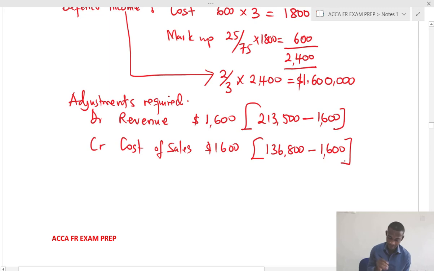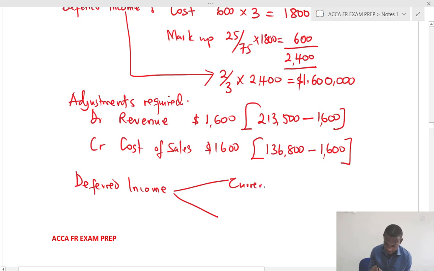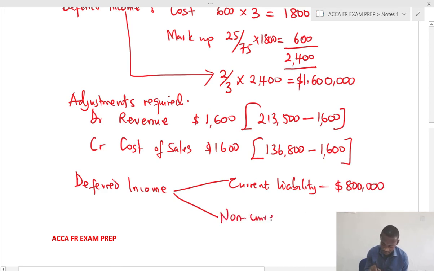Finally, remember that the deferred income will be classified into the current liability, and that will be in the financial position statement. So because we have 2 years remaining, there is 800,000 that will be current liability, and then the remaining 800 would be non-current liability.